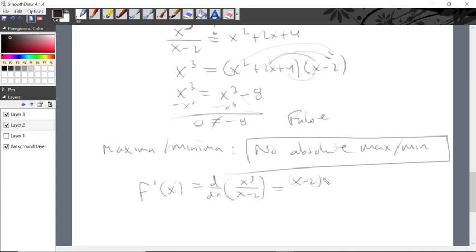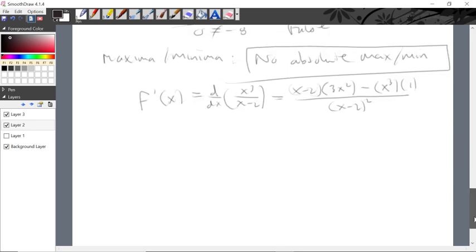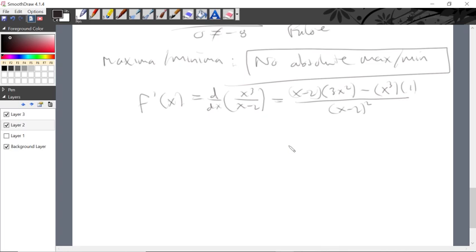So we get x minus 2 times 3x squared minus, right, so we have low d high minus high d low. So we have x cubed times the derivative of x minus 2, that's 1. Don't forget to square below. So we square the denominator, so we get x minus 2 squared. Okay, so where does this not exist? First of all, f prime of x does not exist at x equals 2.